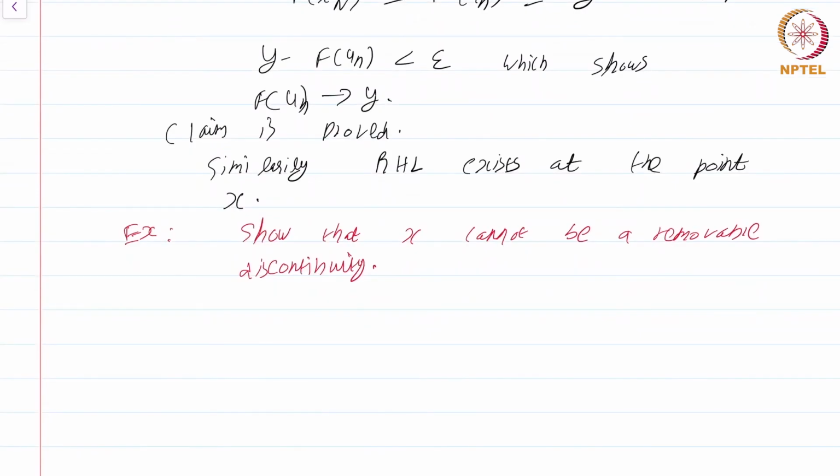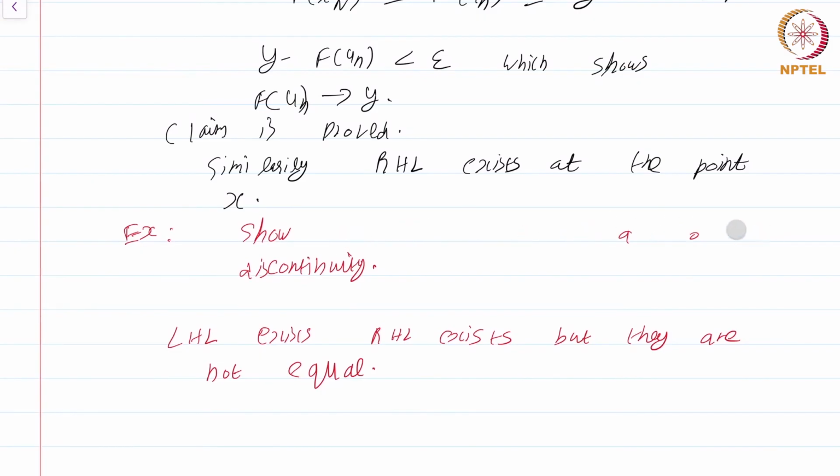That means the left-hand limit exists, the right-hand limit exists, but they are not equal. Since the right-hand limit and the left-hand limit exist, let me rephrase this exercise in a slightly more palatable form.